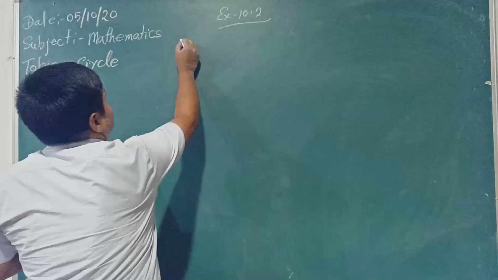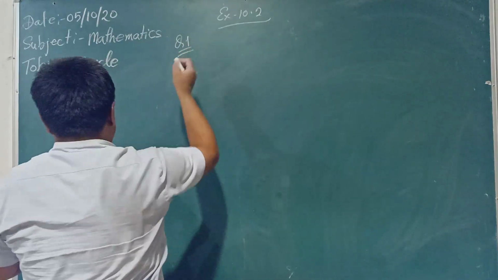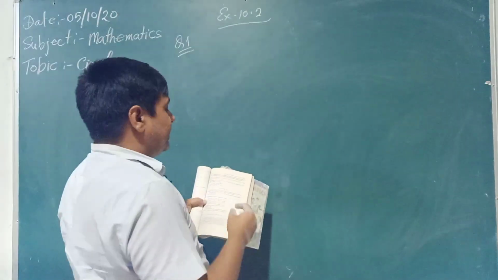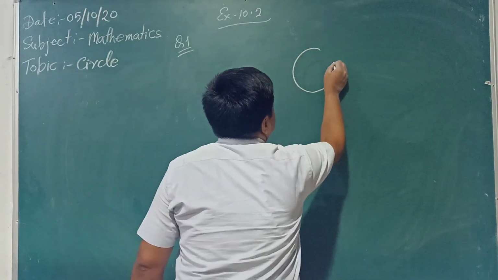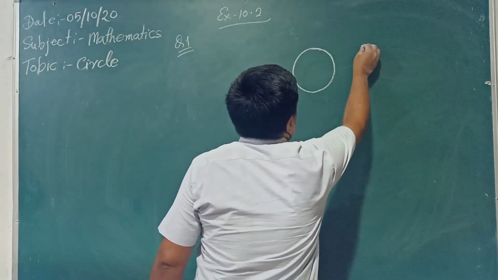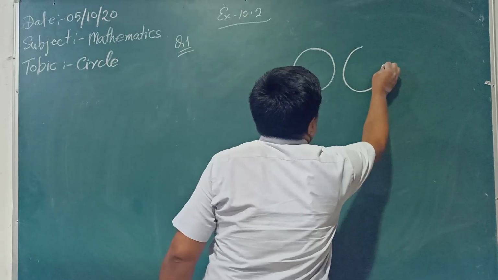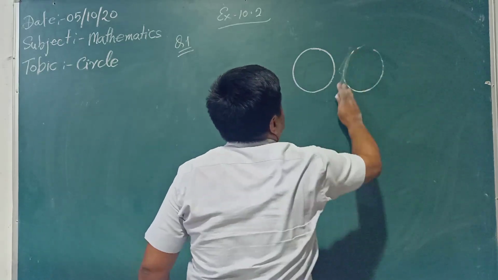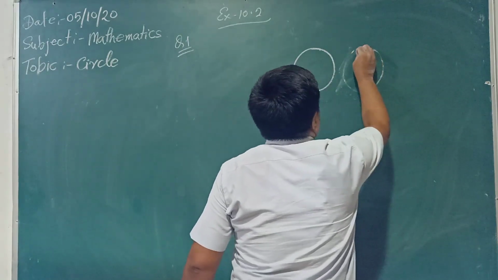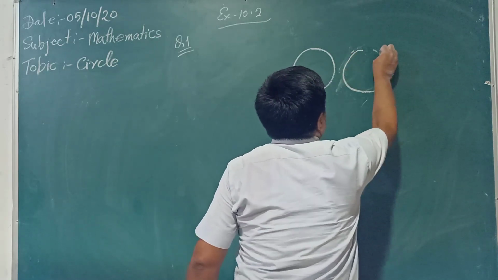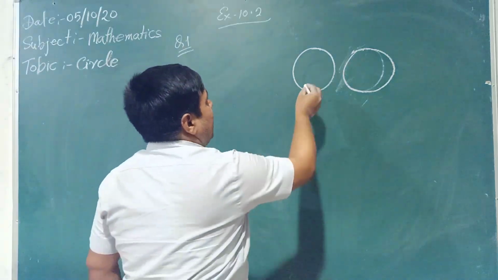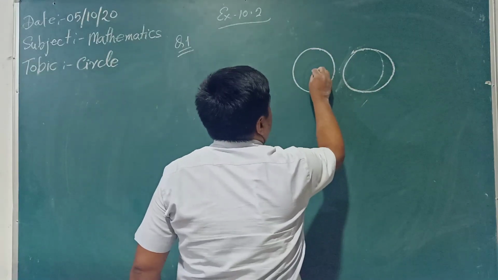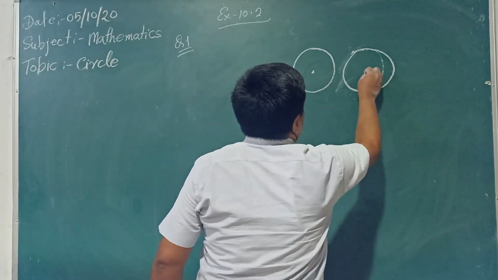Exercise 10.1 question 1: two circles are congruent. When are two circles congruent? When they have the same radii.